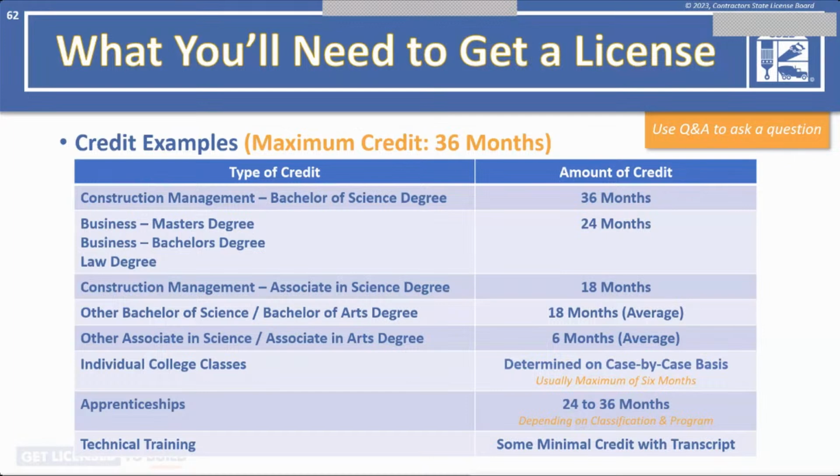So if you have 4 years of experience within the last 10 years in the B classification of work, which is projects concerning building of a structure, as well as 2 additional trades, you would be able to get your license as whatever you wanted, sole owner, corporation.